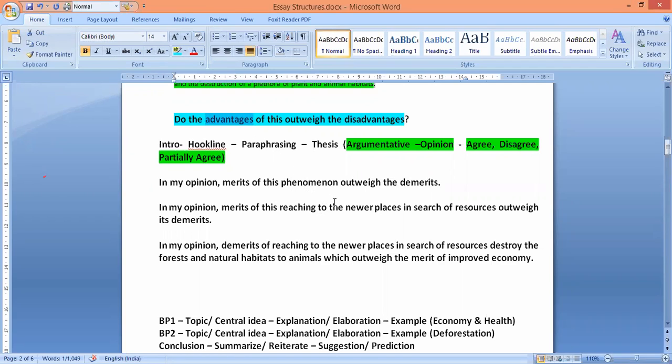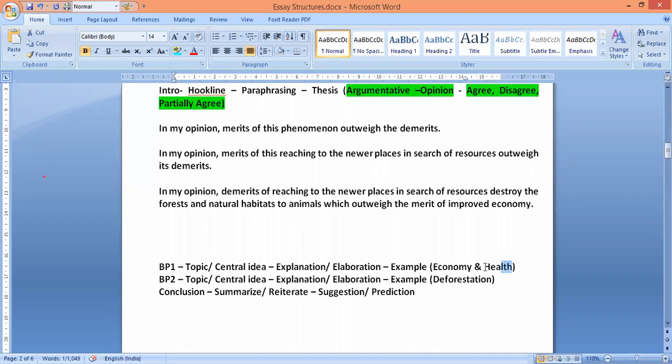So if we say no, then we have to write it this way, right? Yes. I say the disadvantages of this outweigh the advantages. That's my opinion. And then what will you write in here if you change this?